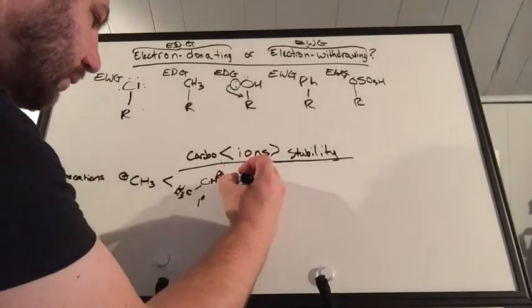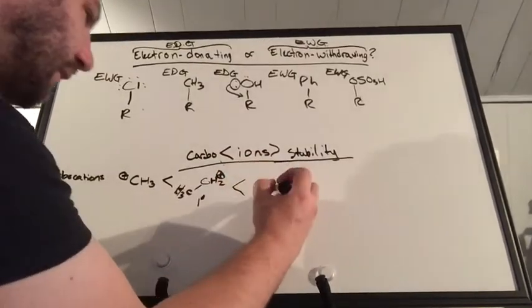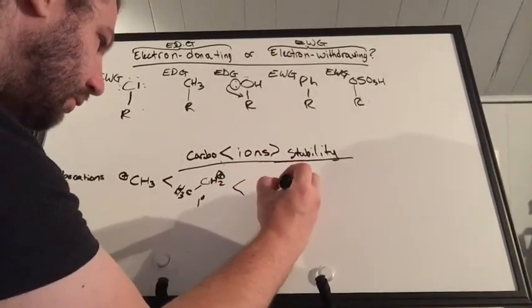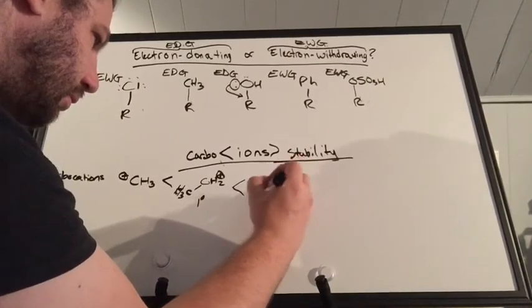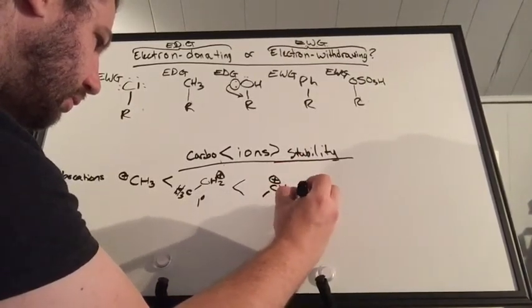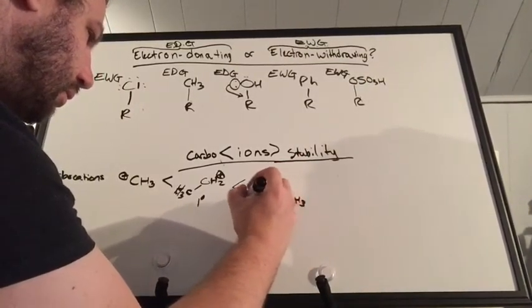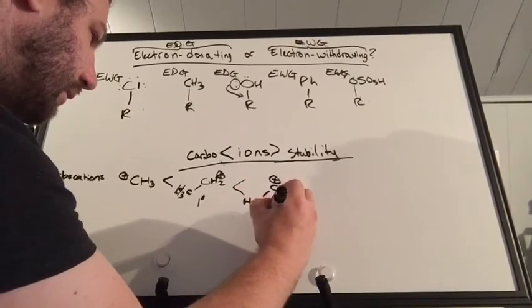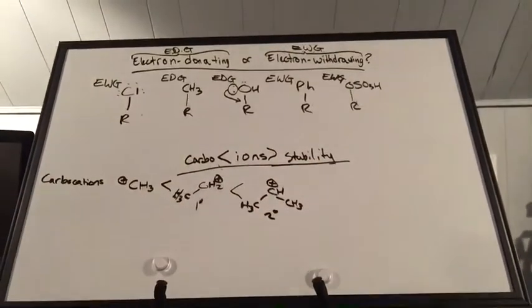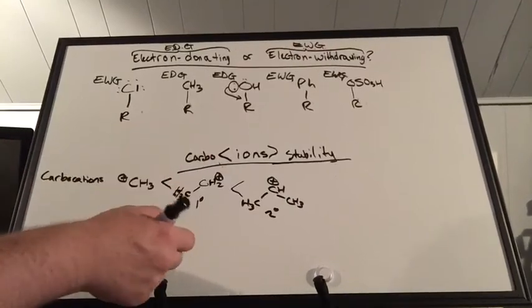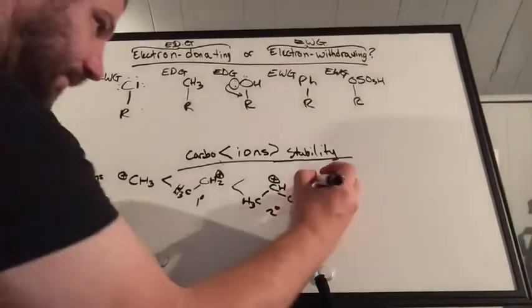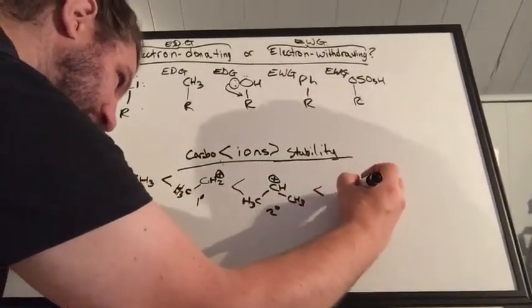Okay. So the next one up is going to be secondary. So that's second most stabilized. And as you might guess, if you have a tertiary carbocation, that is going to be most stable.